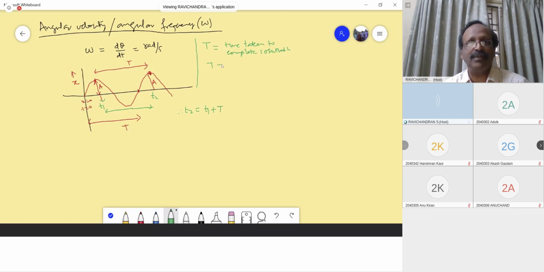And we have the formula T is equal to the reciprocal of the frequency, so f is equal to 1 by T. It is given in hertz or per second.